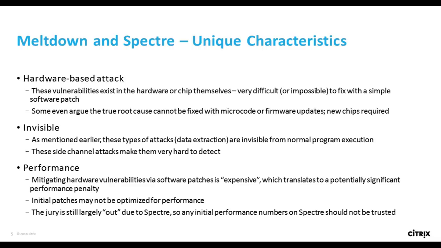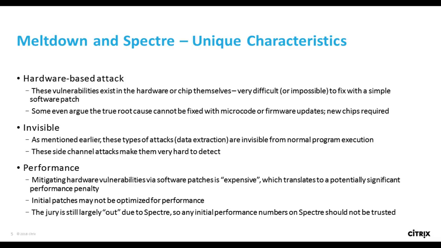Initial patches that were released were mostly focused on getting this fixed and haven't been optimized for performance. So the chances are that over time we will see patches that perform better and where this performance impact is minimized.